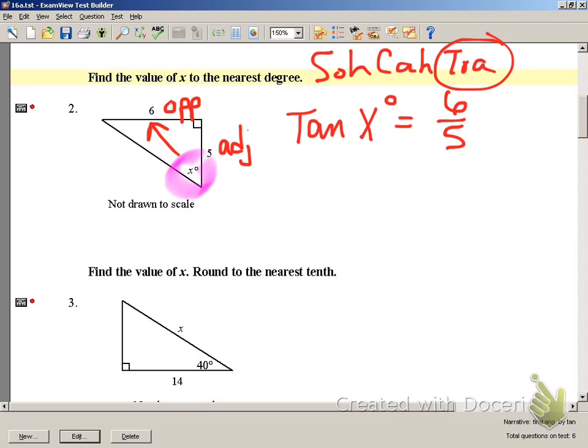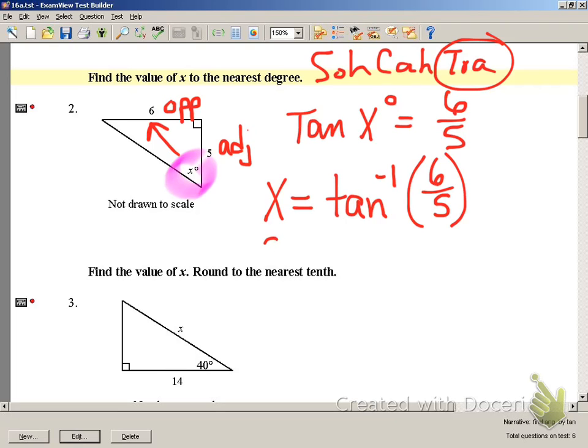Now, I must solve this equation for x. In order to get x by itself, I must move tangent across. Anytime I move tangent across the equal sign, it becomes the inverse, because we cannot divide by tangent. That is explained in a video. So, how do we put this in our calculator?